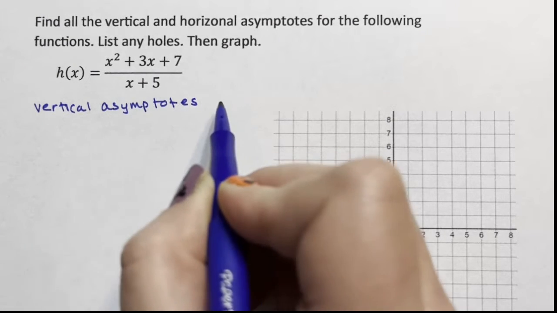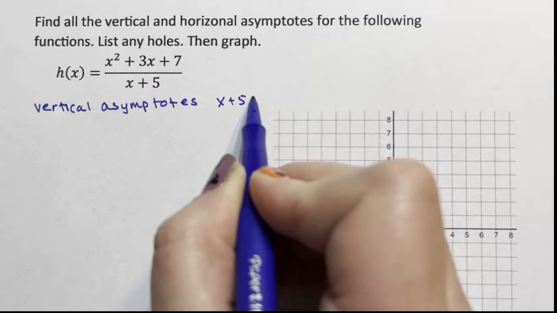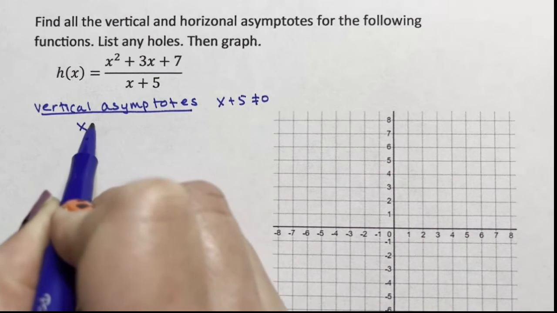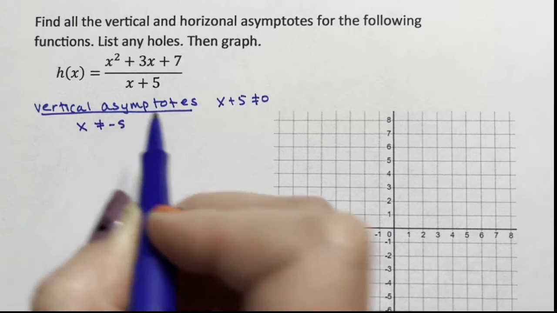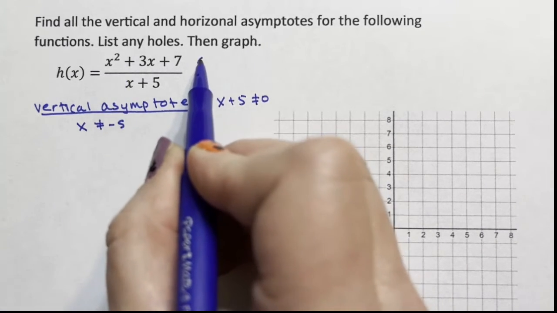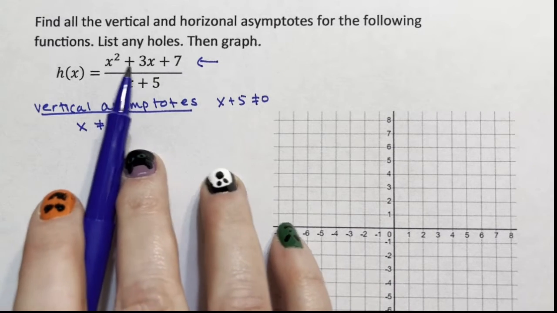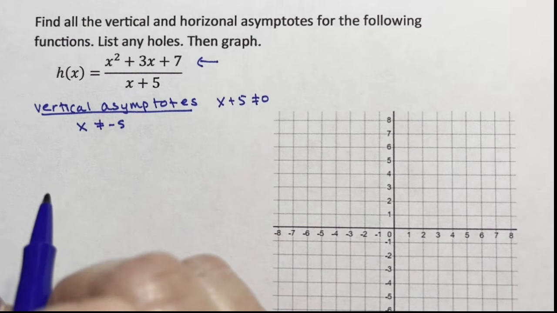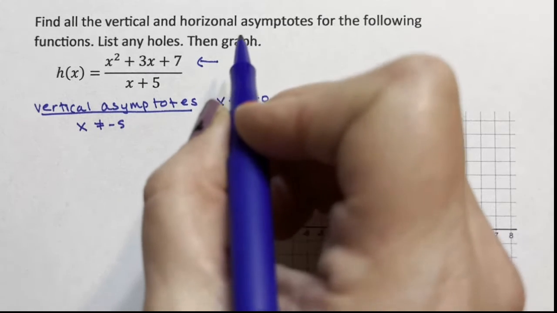We take the denominator, x plus 5, we say that cannot be 0. So in this case, we have x cannot be negative 5. If we put this into the numerator, 25 minus 15 plus 7, that's not going to give us a 0.